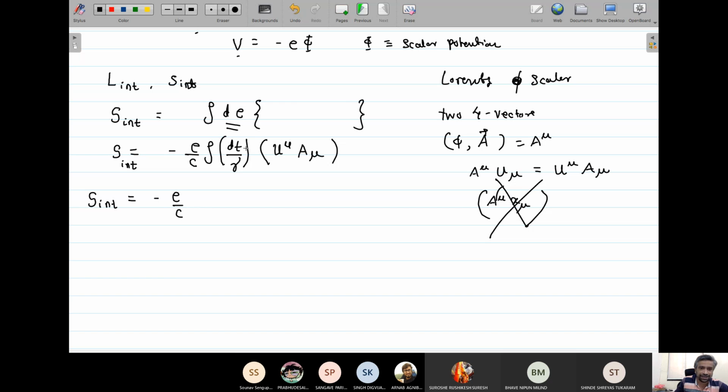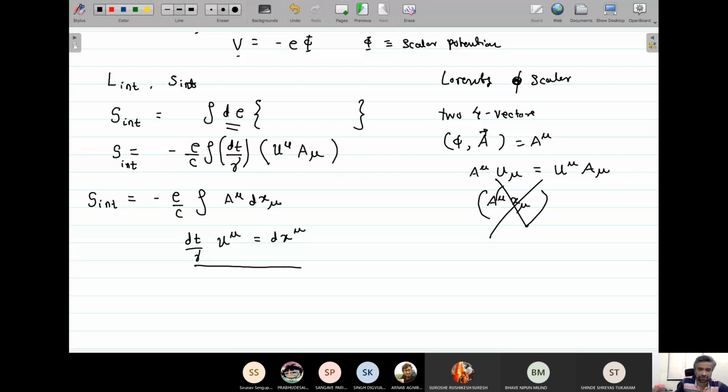Okay, so I can write this in this form also. I can write this as A mu dx. One can write this combination dt by gamma u mu as dx mu. It's easy to show this.